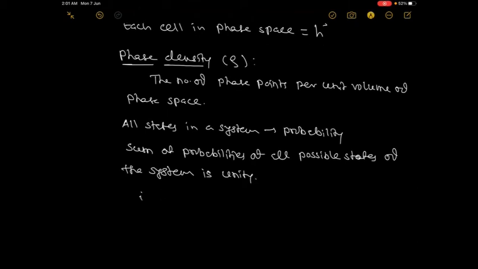That means the integral of rho d tau is always equal to 1.